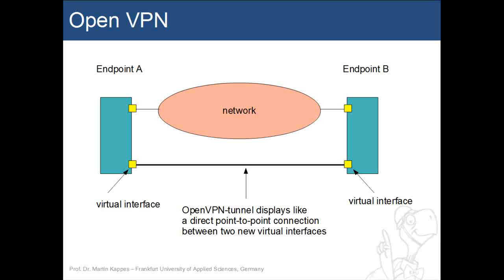So again, OpenVPN is fairly flexible and can forward traffic either from the networking layer as well as the data link layer. And if OpenVPN is used on the networking layer, a so-called TUN device comes into play. If we use it on the data link layer, a so-called TAP device is used.